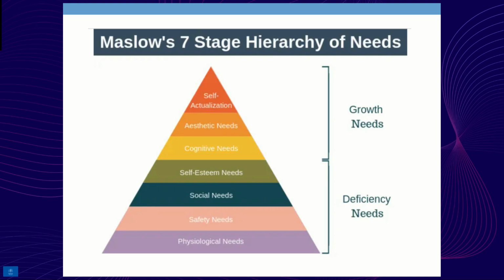Aesthetic needs. The next step moving toward self-actualization is fulfilling your aesthetic needs. Once you have met your cognitive needs, you'll seek to meet your aesthetic needs. This can mean appreciating beautiful things in your life, but it can also mean achieving balance.